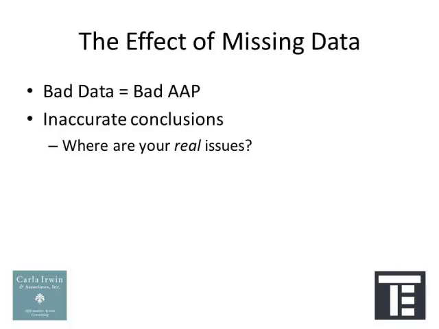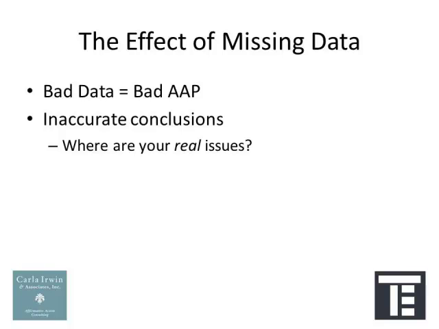You can think that you're perfectly fine with respect to gender, ethnicity, race, age, but because your data is really bad, it looks like you're okay, but there really is a problem that the bad data is covering up. So it's really important to make sure that your data is as clean and as comprehensive as possible. And only through good, clean data are you able to get accurate conclusions that are going to tell you where your real issues are.